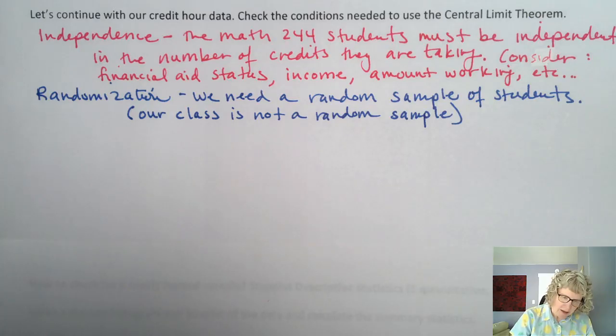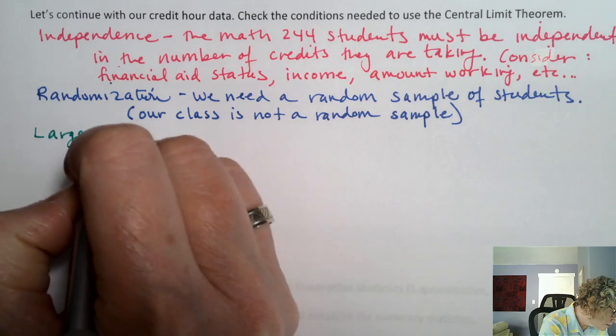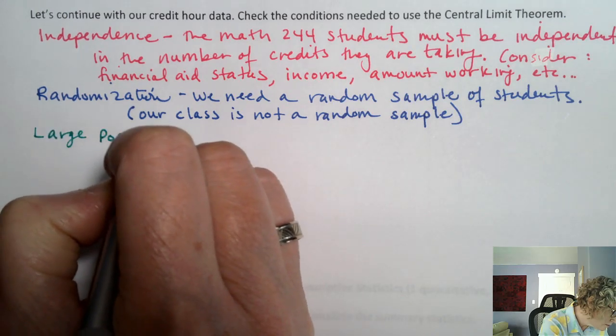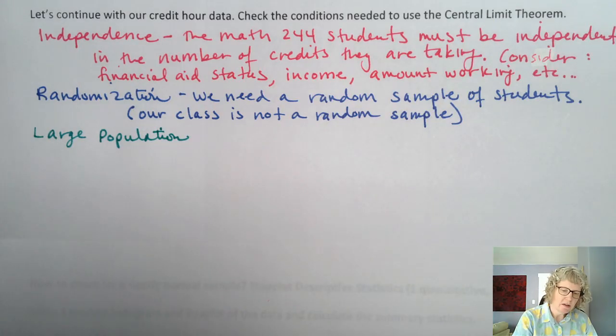Okay, next one is large population. We can think of doing this as the fictitious data set or our class data set. Either way, the population must be 10 times the sample size, right?